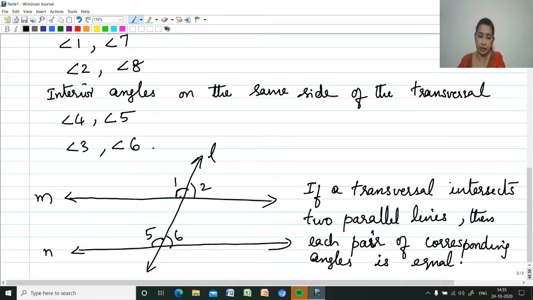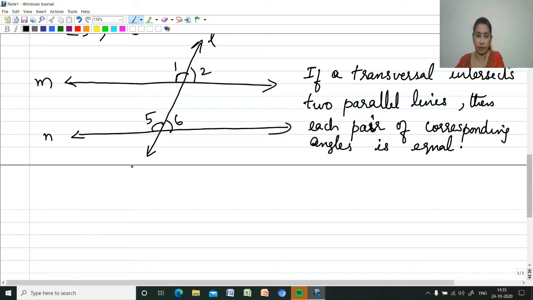That means angle 1 is equal to angle 5. Angle 2 is equal to angle 6. This is angle 3, this is angle 4. Then this is 7 and this is 8.